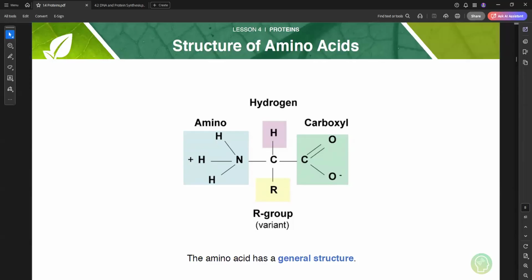So first question, is there a charge on this molecule? Go ahead, Laura. Do you mean about the carboxyl group just there? Yeah, let's start with the carboxyl group.